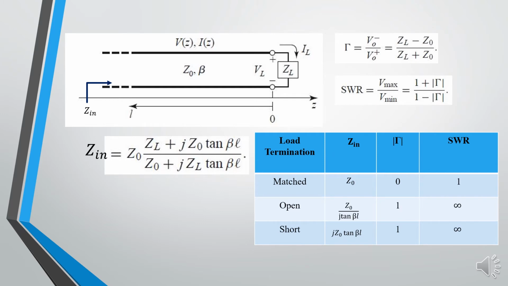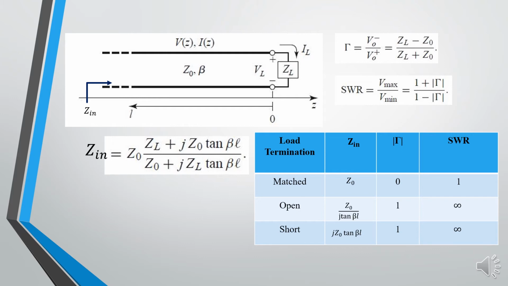Now come to the next case, open terminated. When the transmission line is open terminated, from the expression of Zin you can find that Zin equals Z0 divided by j tan beta L, and one can easily see that this Zin is equivalent to the impedance of a capacitor, because the impedance of a capacitor is 1 by j omega C. So a transmission line of length L can be equivalent to a capacitor, right?